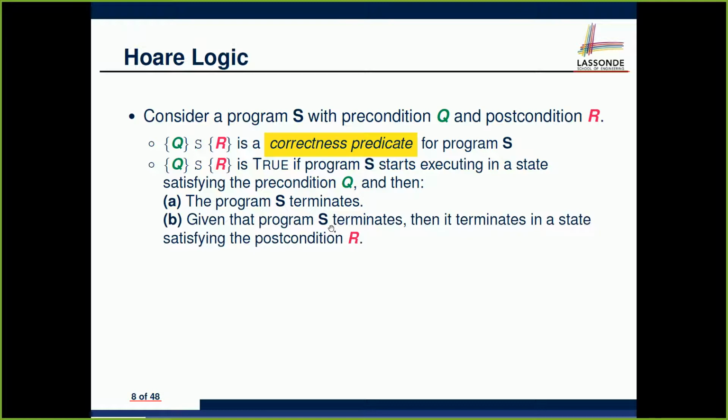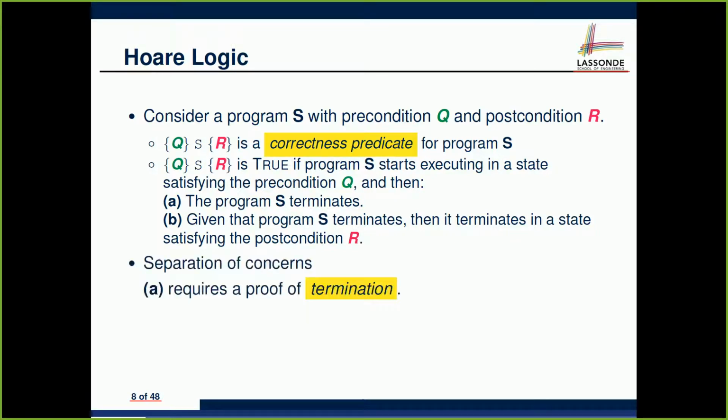So A and B are two separate concerns when you do the verification, especially where you have loops in your implementation. Number one, you want to prove termination, which is A. Number two, B, is that if it terminates, it should establish the postcondition. These are two notions of correctness.